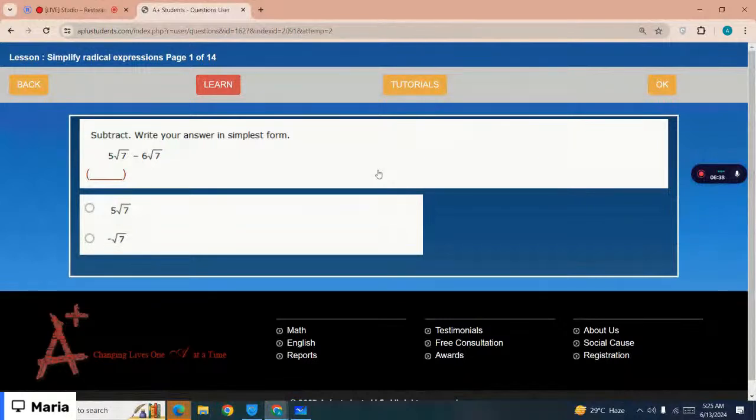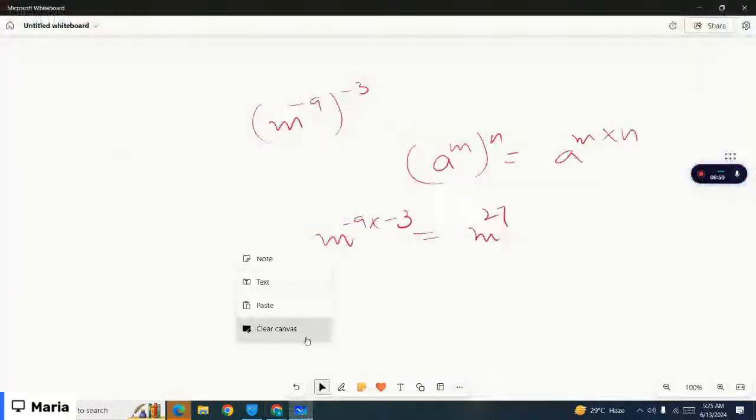5 square root 7 and negative 6 square root 7. They both have square root 7, right? So here we can solve it like we do with like terms. So square root 7 is a like term. Let's just solve 5 square root 7 minus 6 square root 7, right? So you have square root 7 common.